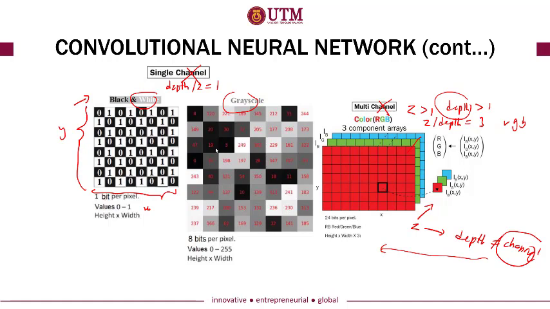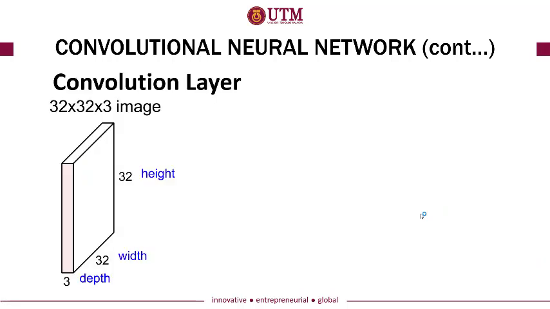Just to remind you that channel in an image processing book is not the same as in CNN, because CNN uses channel for the filter. Let's use depth, because image processing also calls this one depth, and CNN also uses the word depth to refer to the Z-axis. So that's just to make sure that you are clear about that.